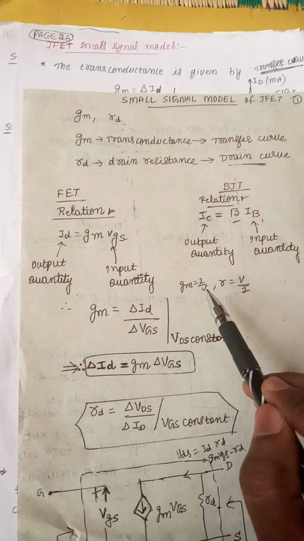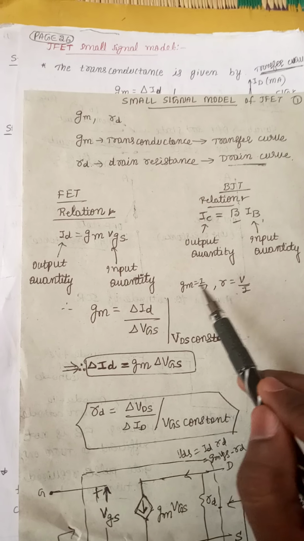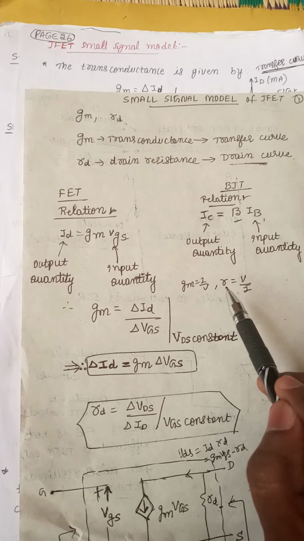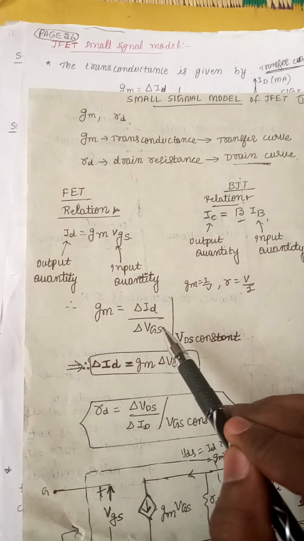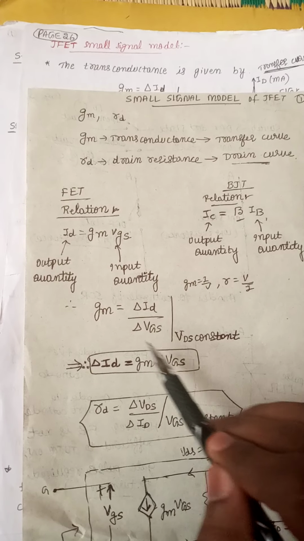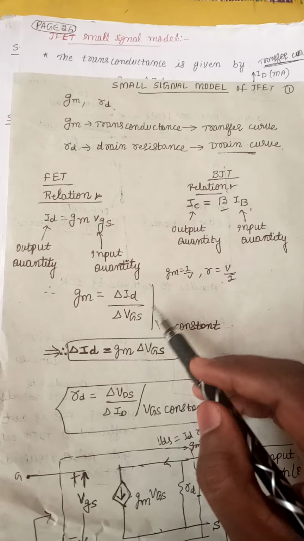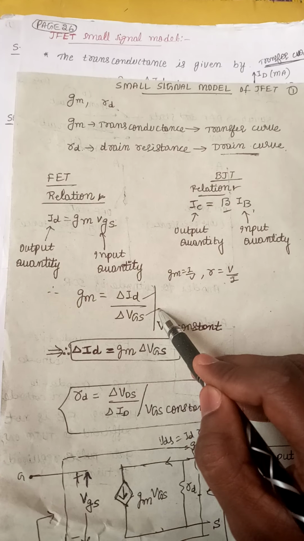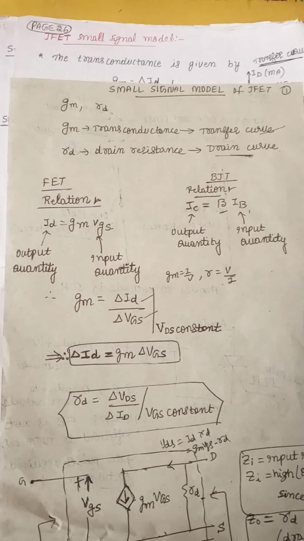Here, resistance is nothing but voltage by current by Ohm's law. Transconductance is the inverse of resistance, that is nothing but I by V. Therefore ID is equal to Gm into delta VGS. So how to get delta ID and delta VGS? From the transfer characteristics.